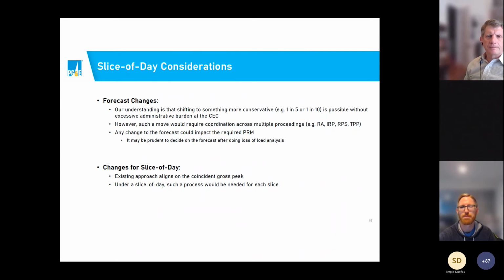But isn't that primarily due to the fact that we're talking about two different terms, mainly that RA is more short term, one year at a time, versus IRP being much longer, 10 years or longer? And so we're not looking at the same time frame. Except that those IRP resources do have RA attributes.